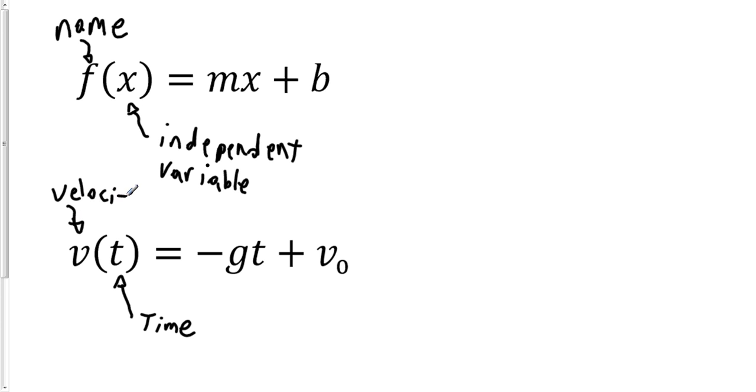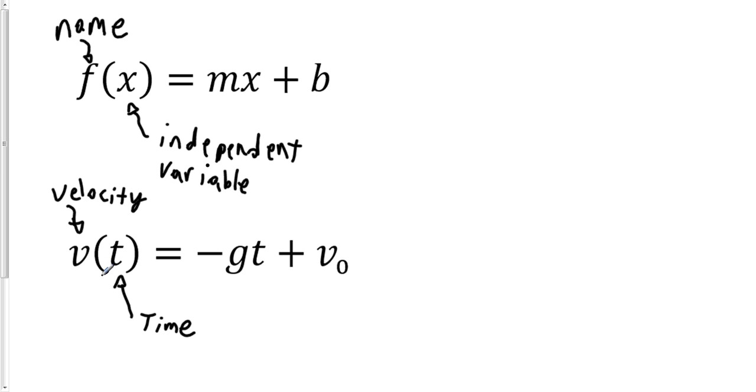And velocity is related to speed. Speed doesn't have a direction. So if you're going 50 miles per hour, it doesn't matter what direction you're going 50 miles per hour. Velocity, you have to add the direction. So for instance, if we're talking about a projectile, what we're really concerned with is how far it's falling to the earth.